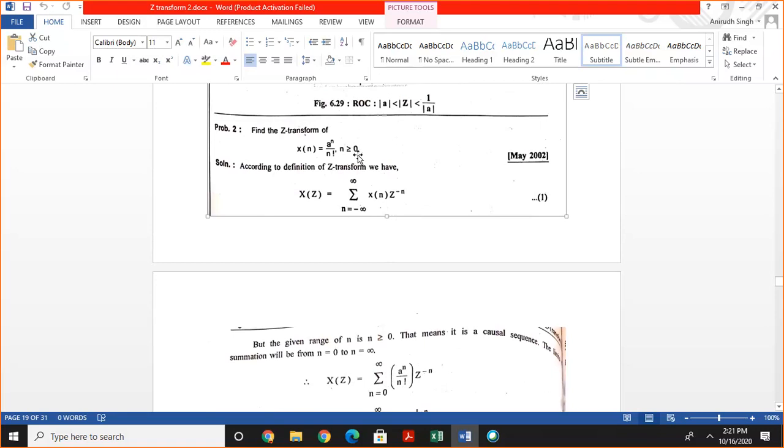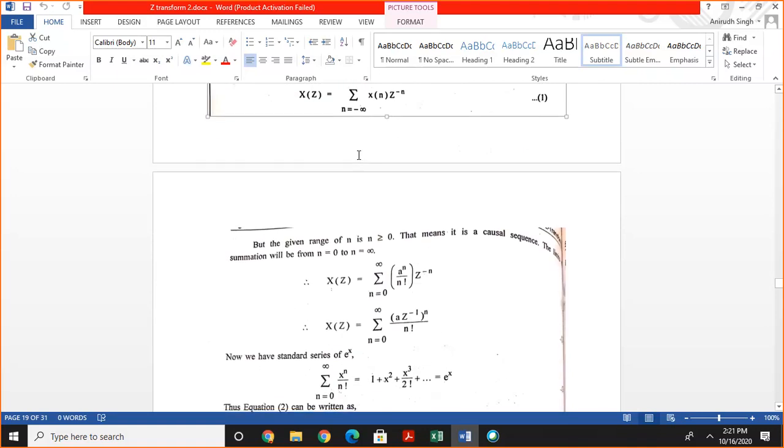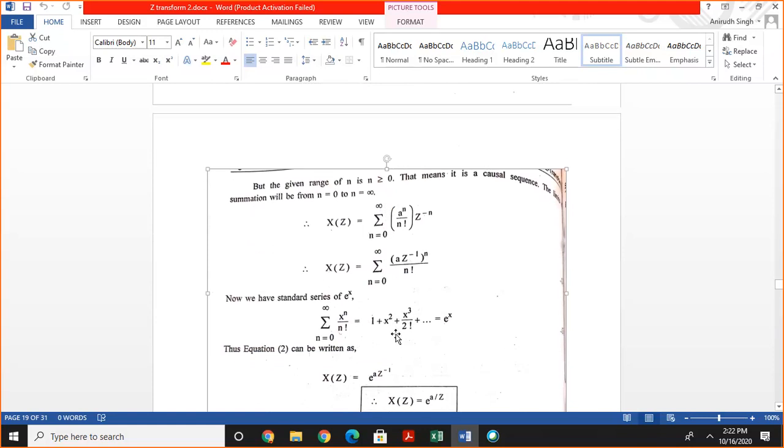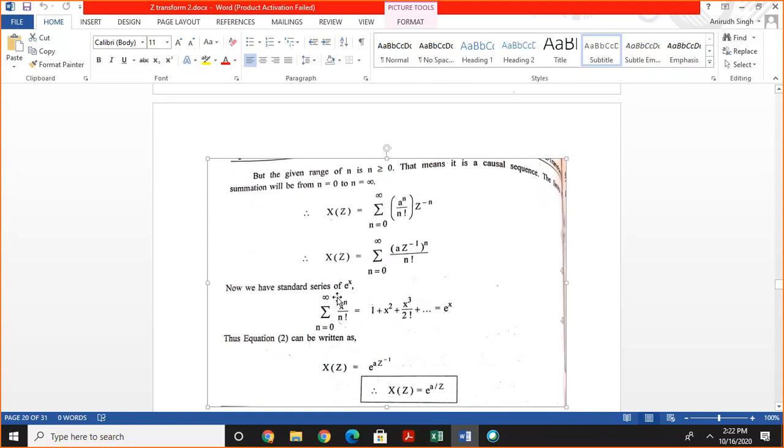Since n is given only for positive values, this is a causal sequence, and X(z) is given by the summation with limit from 0 to infinity of x(n) multiplied by z raised to the power minus n.